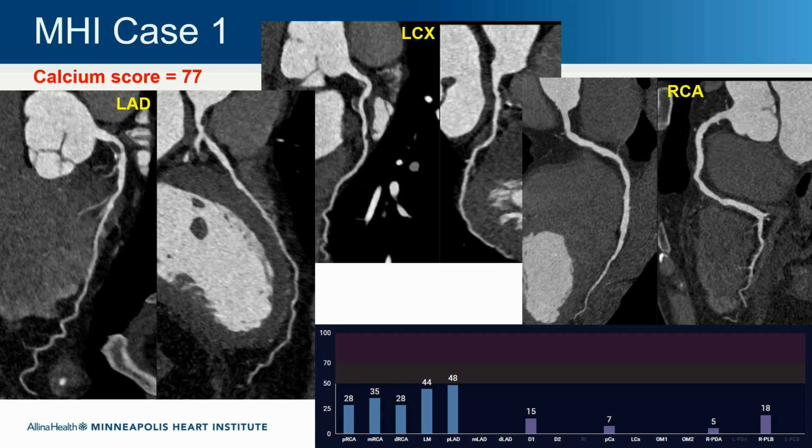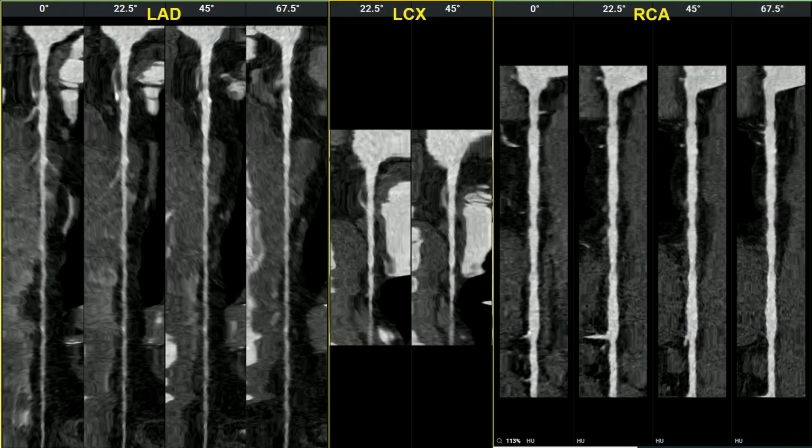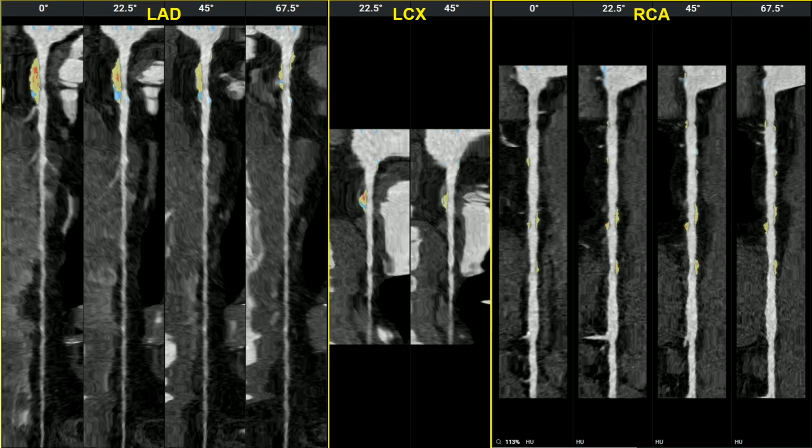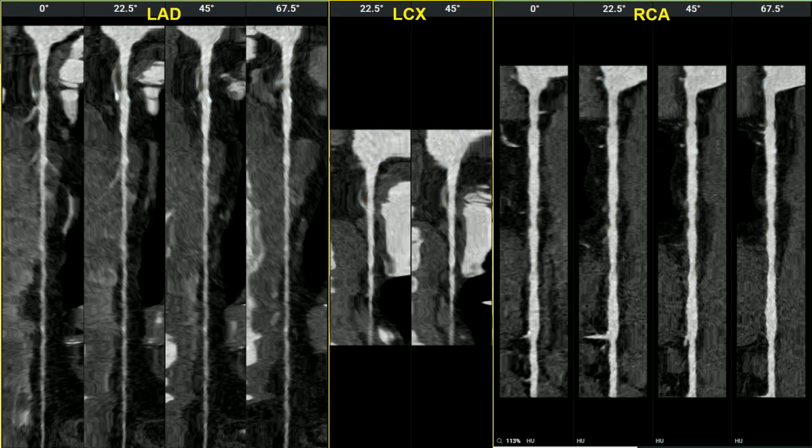But I think it's fairly obvious that he has pretty noticeable plaque in the proximal left anterior descending artery. And I'm going to put this into the Cleerly display, which straightens out the arteries. The next thing I will do is overlay the plaque on it. And I will do that again just so that you can see.